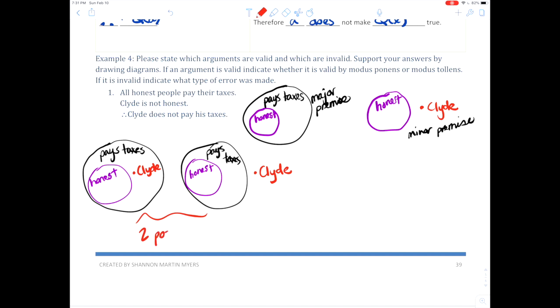Two possible outcomes. So what does that mean? That means we have an invalid argument. And what kind of error is this? Beautiful. It's an inverse error.